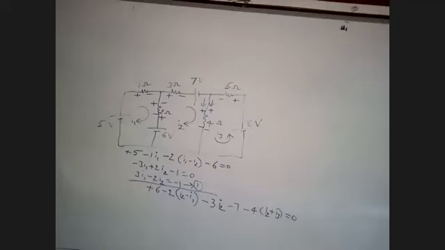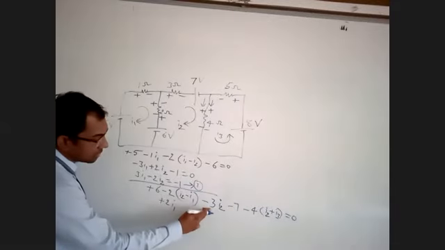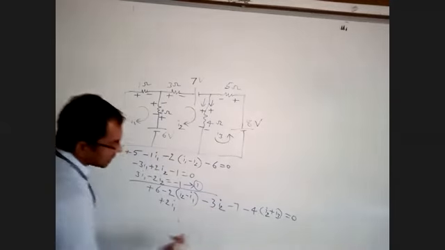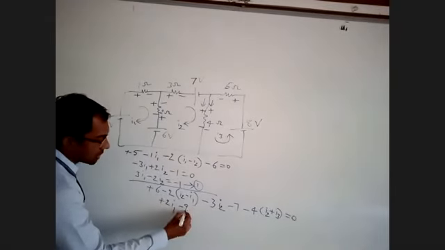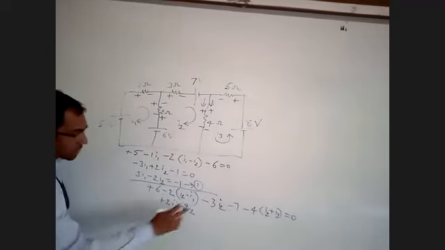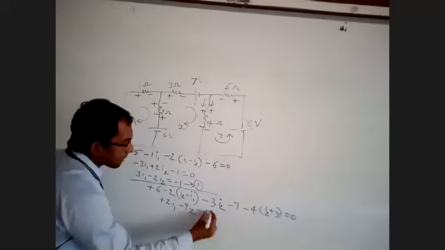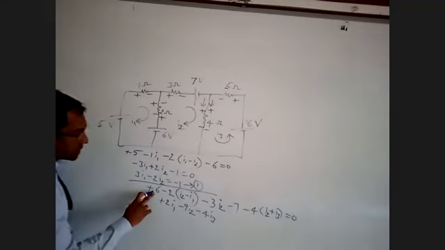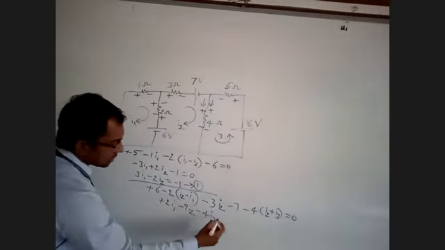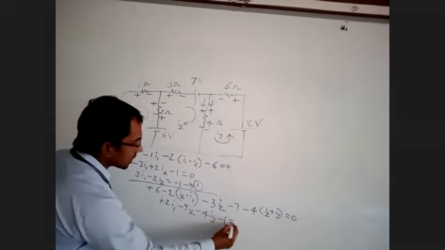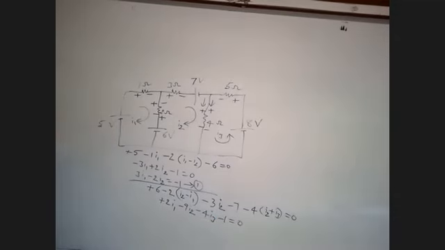Now simplify I1, I2, and I3. Minus 2I1, minus 2I2 minus 3I2, minus 4I2, minus 4I3, plus 6 minus 7, that is minus 1, that is equal to 0.